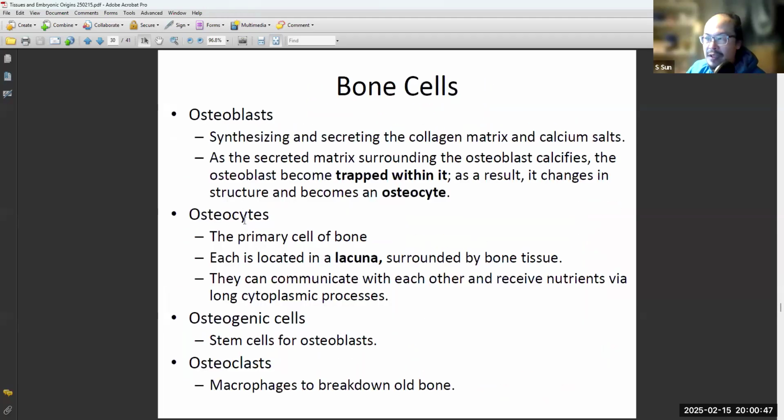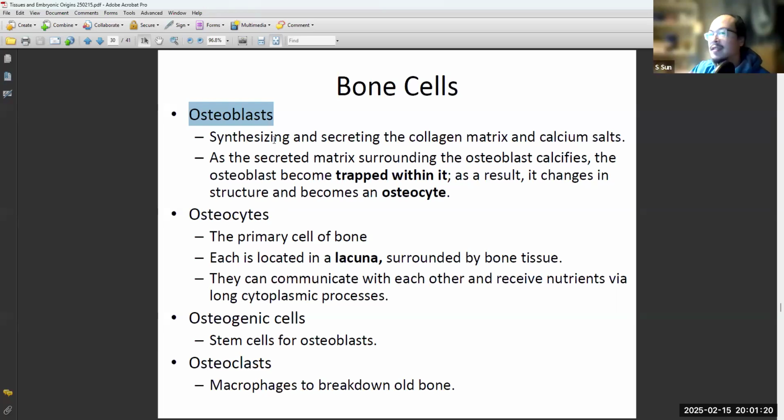That's the primary cell, but not the only cell. We also have osteoblasts. Osteoblasts are the osteocytes' stem cell, so they can differentiate to become osteocytes. Once they become osteocytes, they get trapped in the lacuna. Osteoblasts are the ones to initiate the bone.